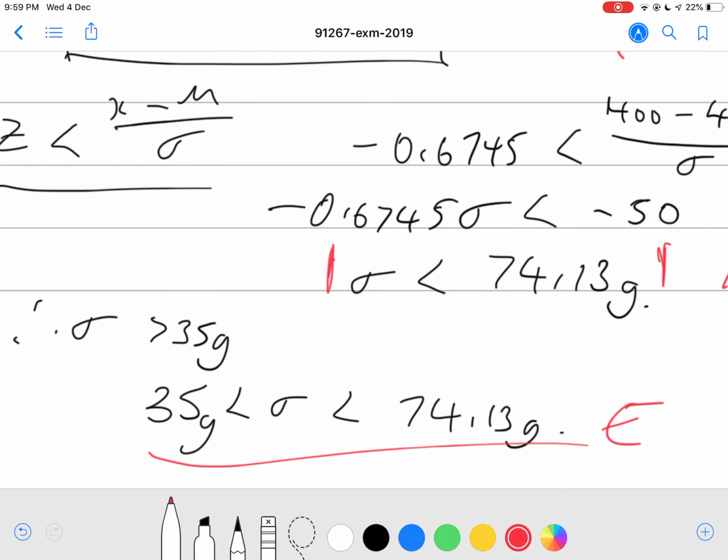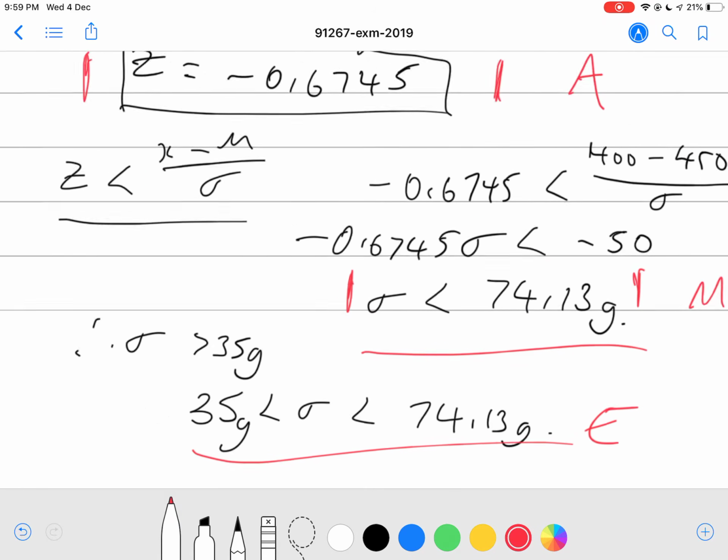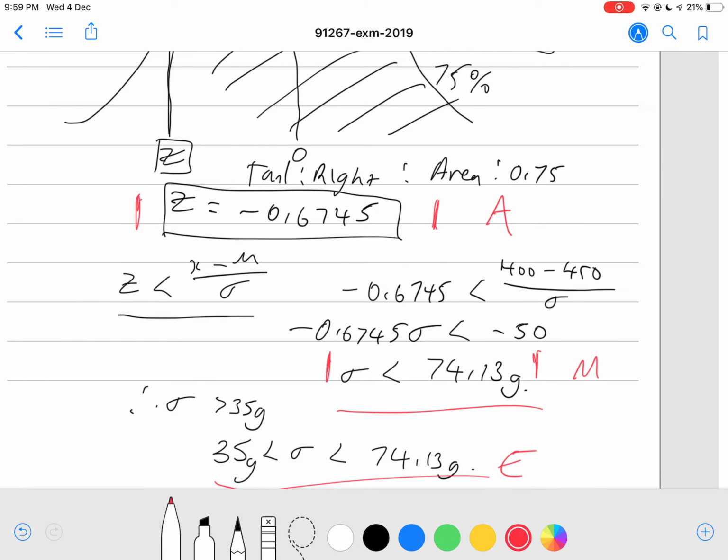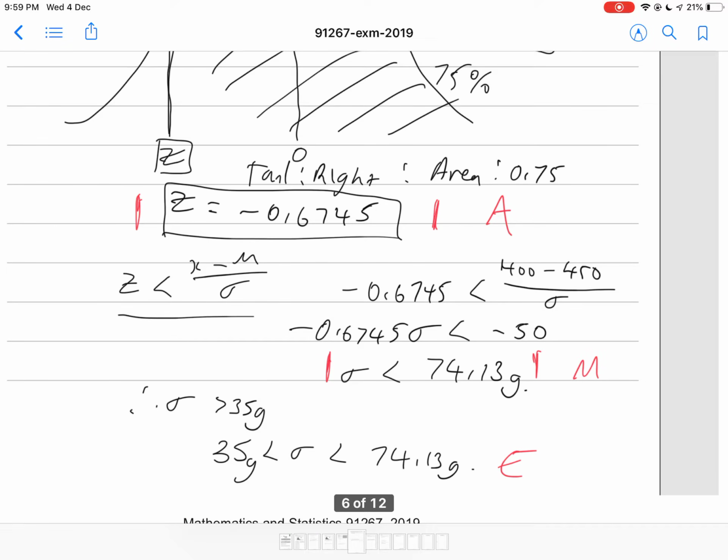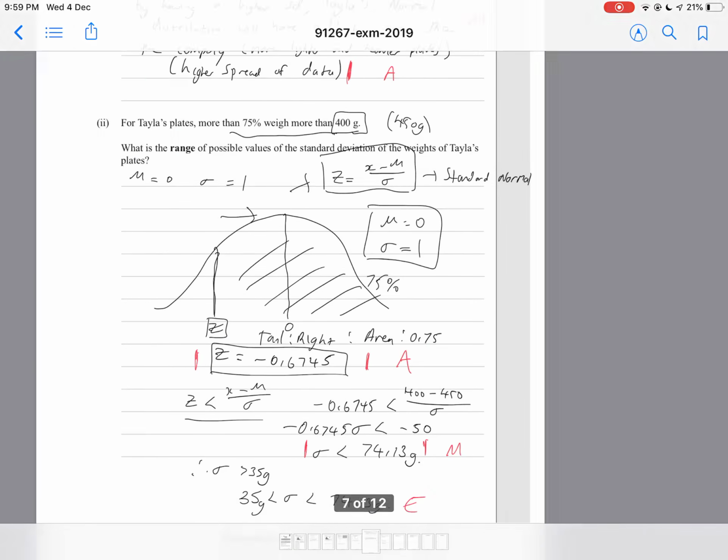Some people just left their final answer as standard deviation is less than 74.13. A lot of people told me they did that, and it's really a shame, because the hardest part of the question is maybe being able to find up to this step, and this last step here is really just seeing how accurately you can read the question, which is a bit cheeky, but yeah, what can you do about it, unfortunately.